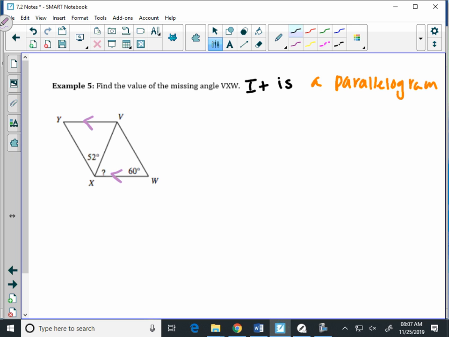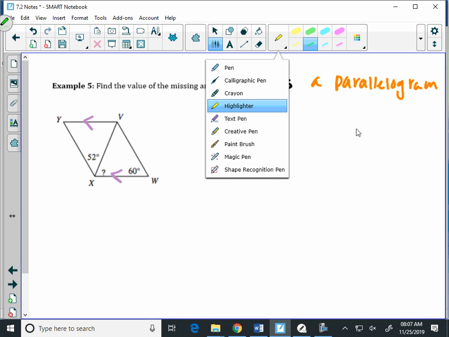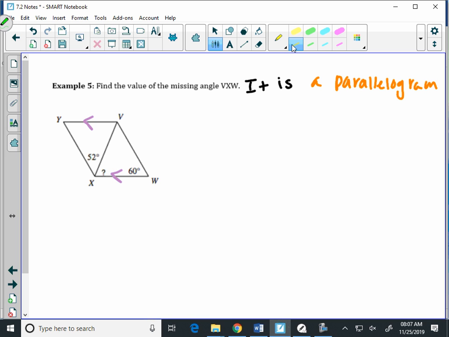And again, if it's helpful, I don't know why it doesn't like the highlighter button today. There we go. If we extend these sides, here's this side, here's this side.